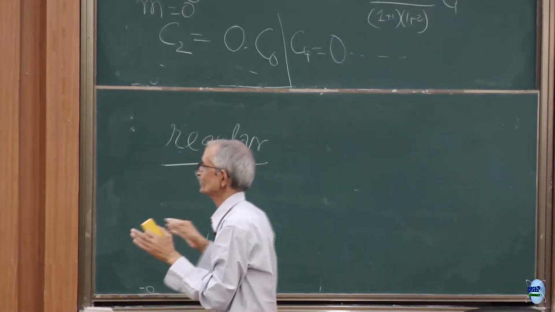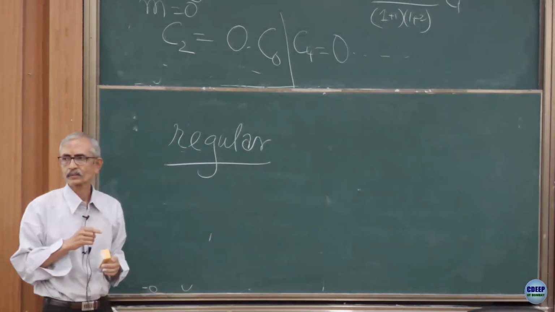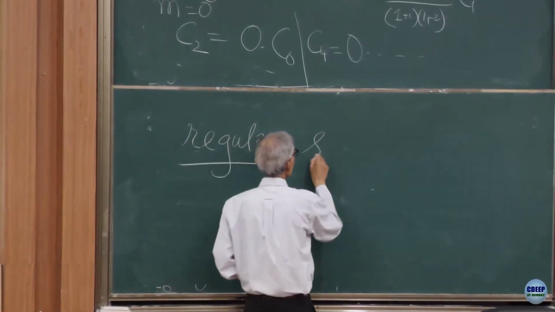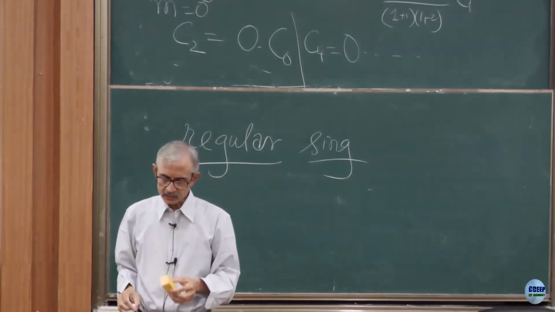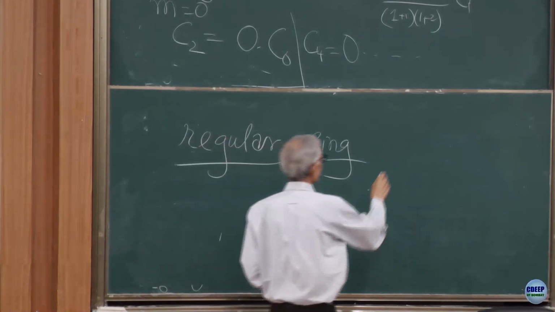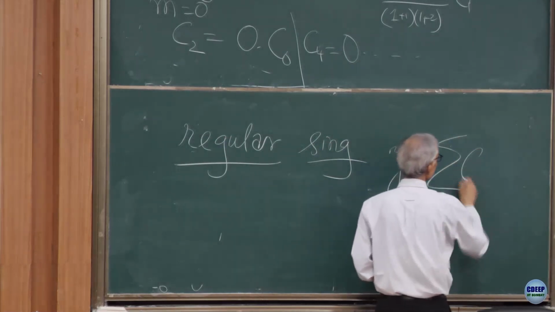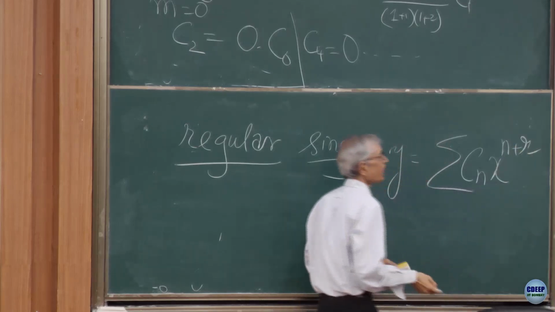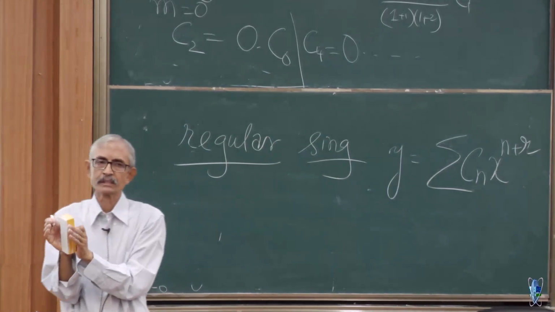If it is irregular, a solution may or may not exist. We are only going to talk about regular singular points, and what the theorem tells us is that the solution y is again a series solution, some Cn x to the power of n plus r, where r is some number that needs to be determined.